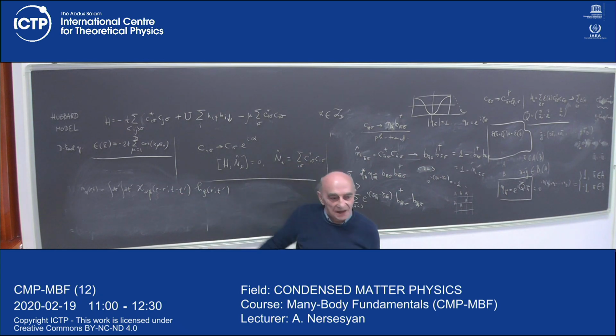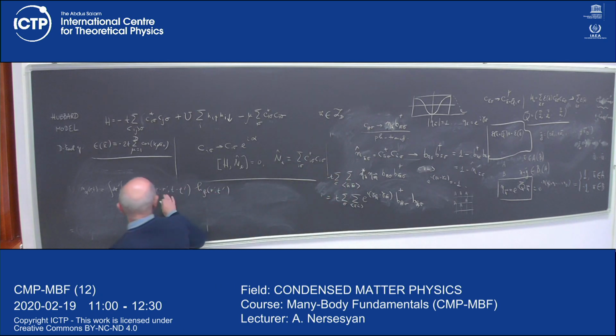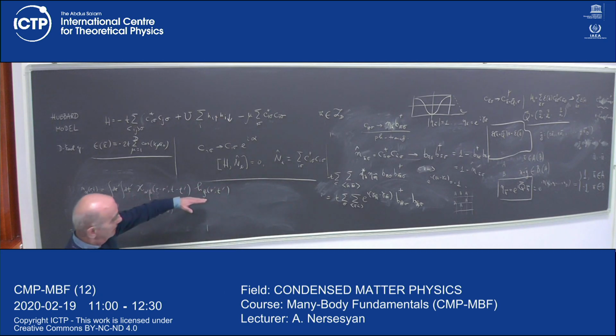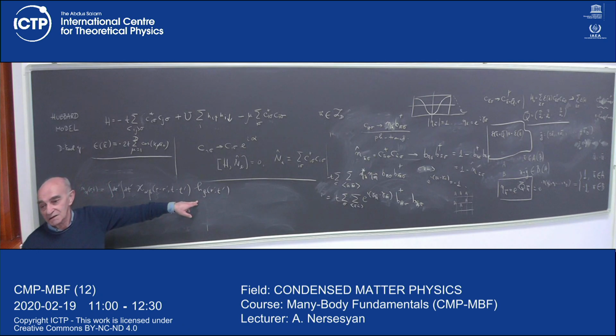But what happens experimentally, people do not measure this quantity per se. They measure this quantity's Fourier transform, chi q omega. In other words, I can make a Fourier analysis of the external field.